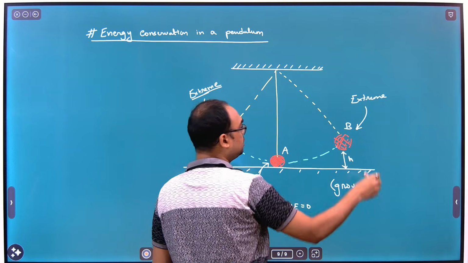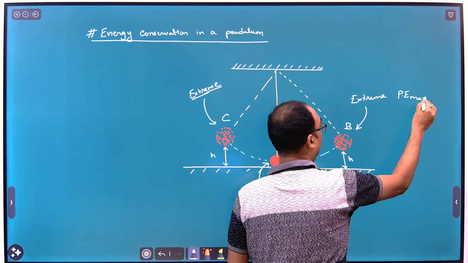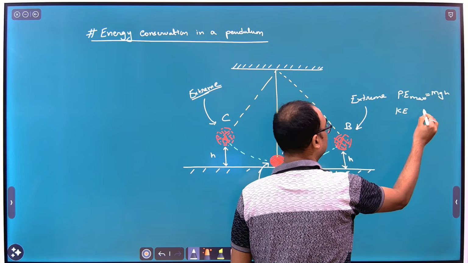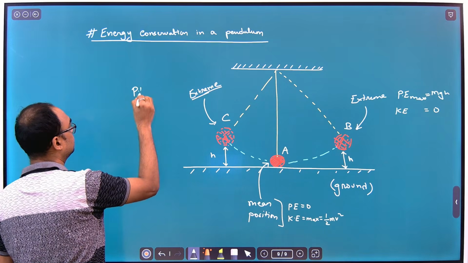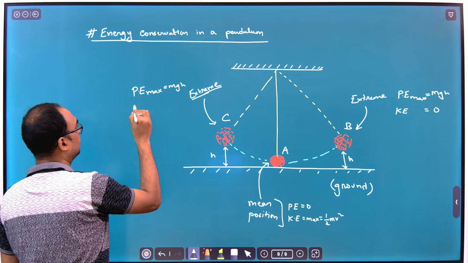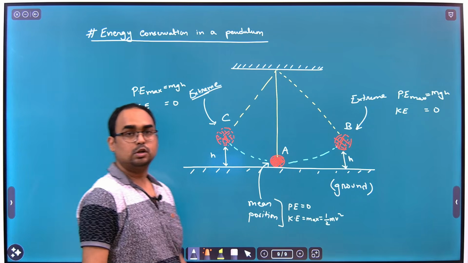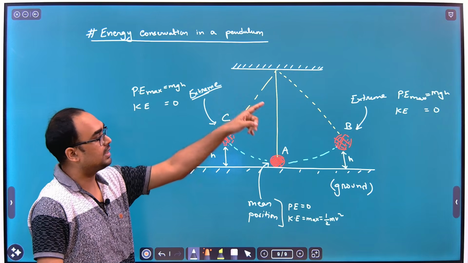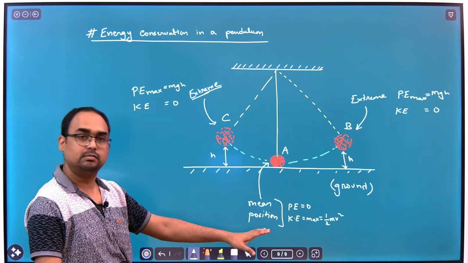At the extreme positions, potential energy is maximum, which is equal to mgh, and kinetic energy is 0 on both the extremes. Clear? So on both the extremes, potential maximum, kinetic 0. At the mean, potential 0, kinetic maximum.